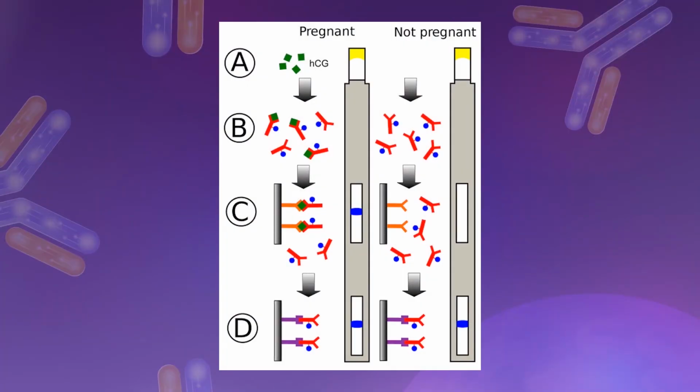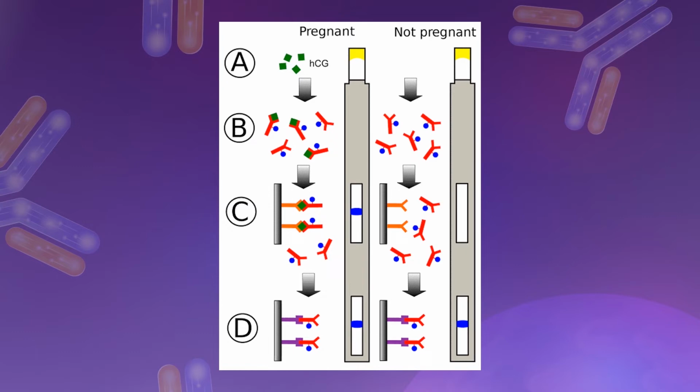As you can see in the example picture, we have two strips, a pregnant and a non-pregnant. In step A, we can see that hCG is present in one strip specimen into which the test strip was dipped. In step B, we can see that the hCG binds to the attached antibody that has a colored circle.